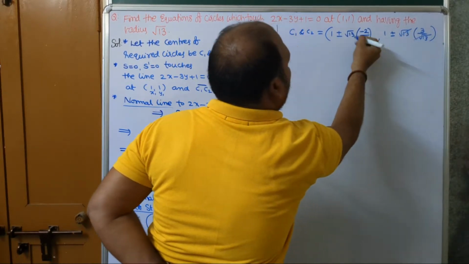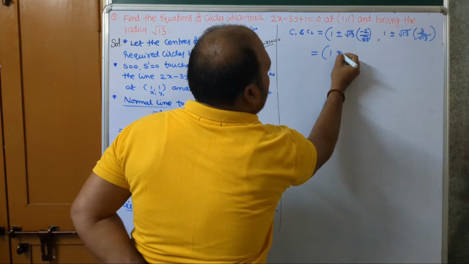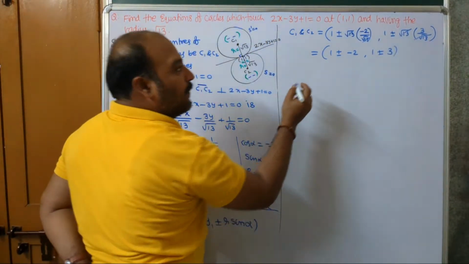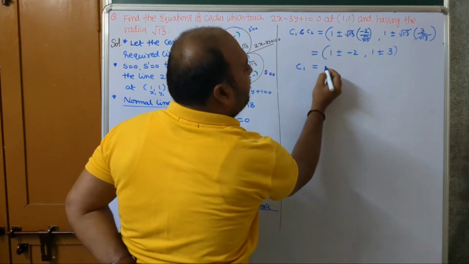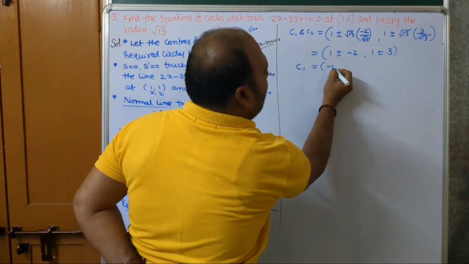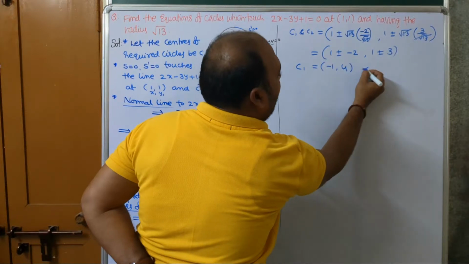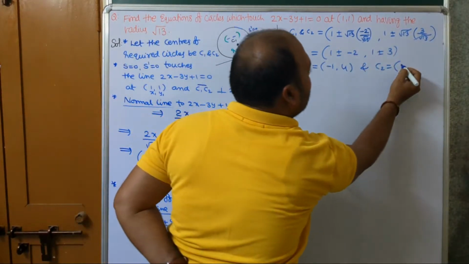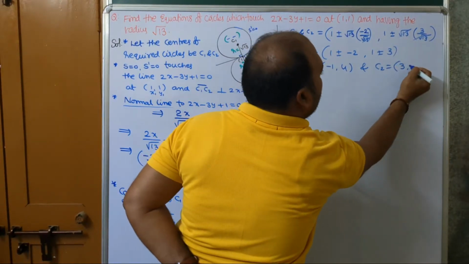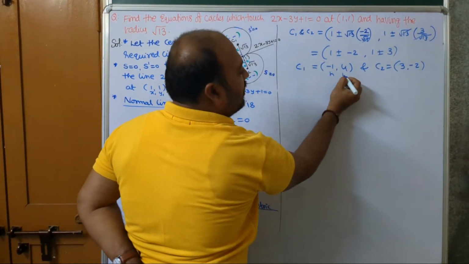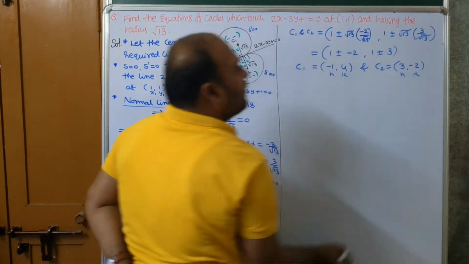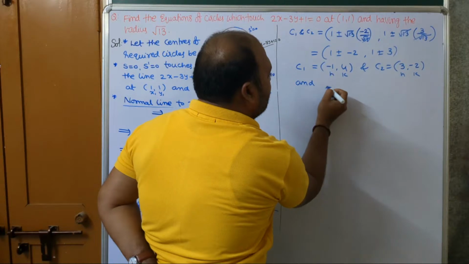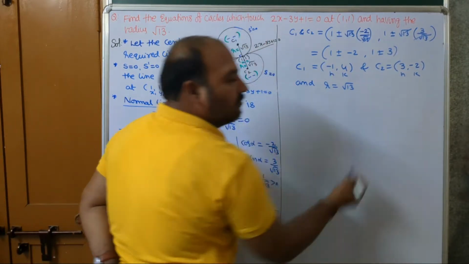Root 13 gets cancelled. 1 plus or minus 2, 1 plus or minus 3. If we consider plus, you will get C1: 1 minus 2 is minus 1, 1 plus 3 is 4. And C2, if you consider minus of minus 2, 3, 1 minus 3, minus 2. This is h comma k. Radius we got already, r equal to root 13.